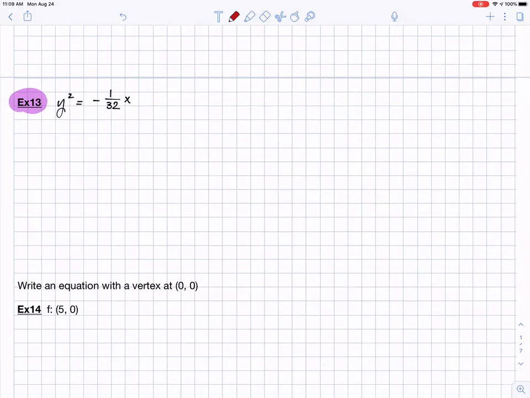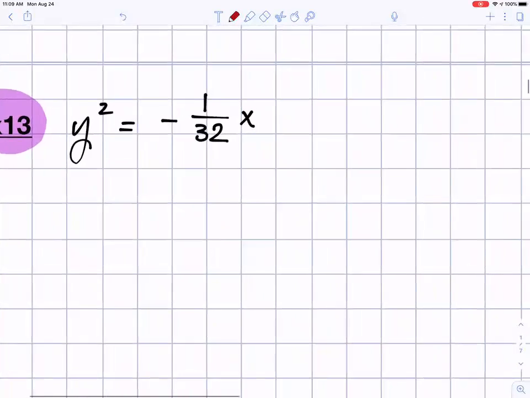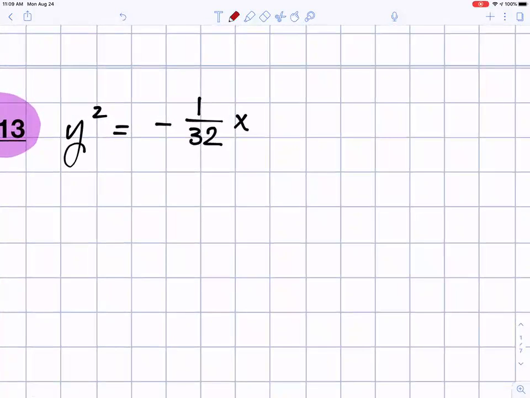When I look at number 13, what's wrong with number 13? Yeah, I don't have any parentheses. It's hard for me to see. It is in standard form, but it's kind of hard to see what that standard form is. Can we try to rewrite this using some parentheses to figure out what my H and my K are?